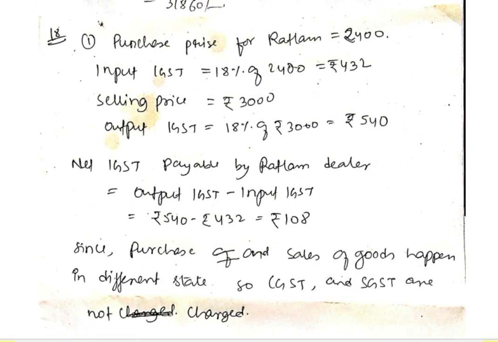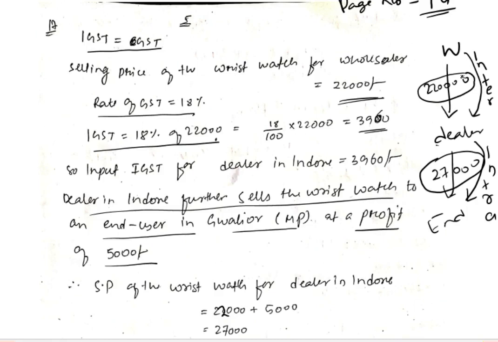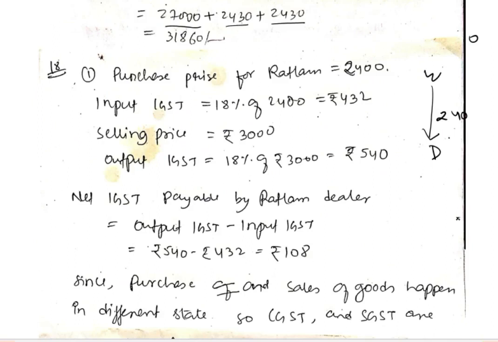Okay, so the question is, a wholesaler of clocks purchased a vintage clock for 2000 and supplied it to a dealer at a price of 2400. The wholesaler was in Rajasthan, whereas the Ratlam dealer was in Madhya Pradesh.